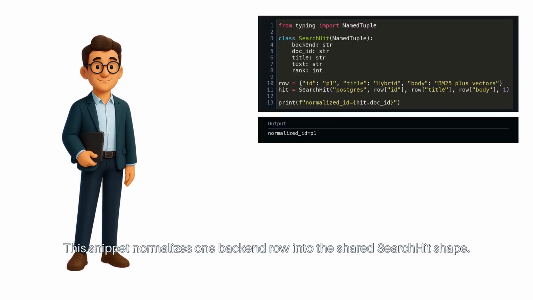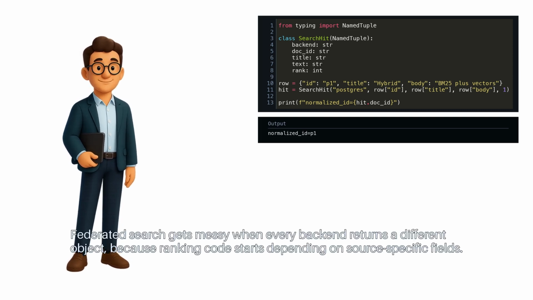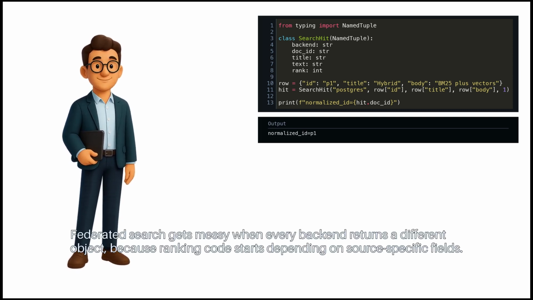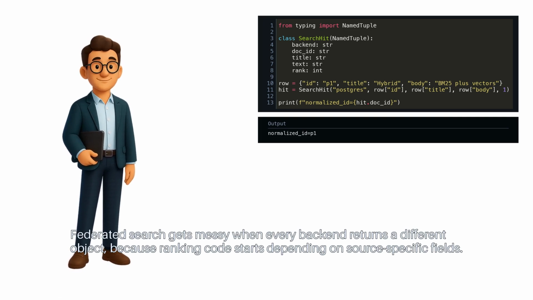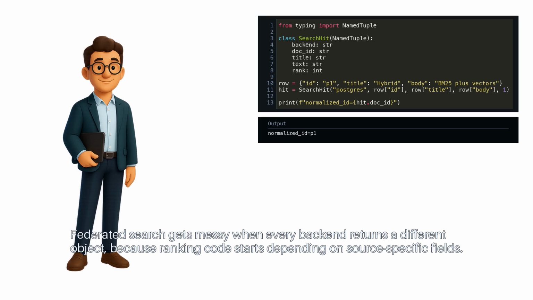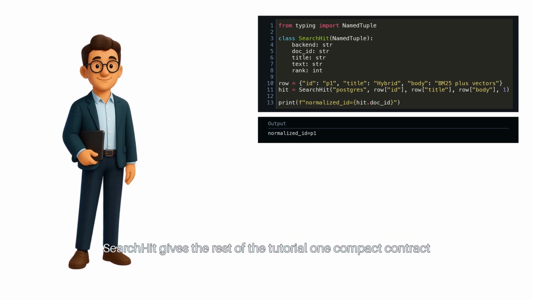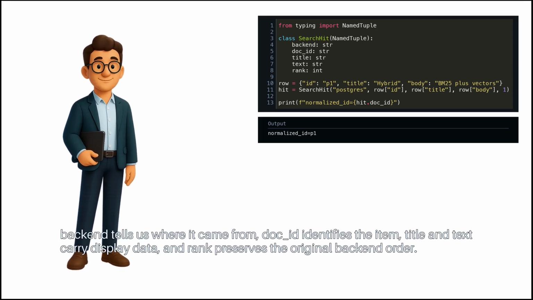This snippet normalizes one backend row into the shared SearchHit shape. Federated search gets messy when every backend returns a different object because ranking code starts depending on source-specific fields. SearchHit gives the rest of the tutorial one compact contract.